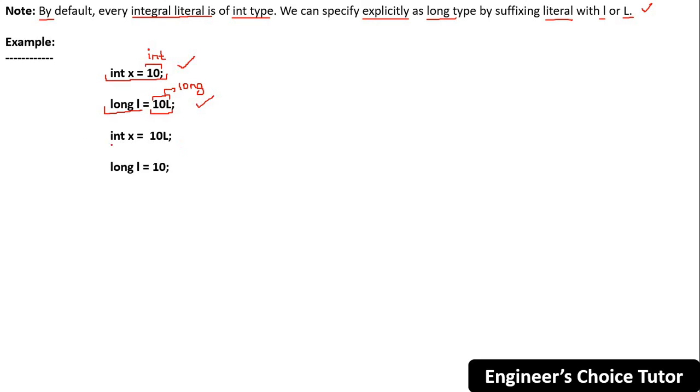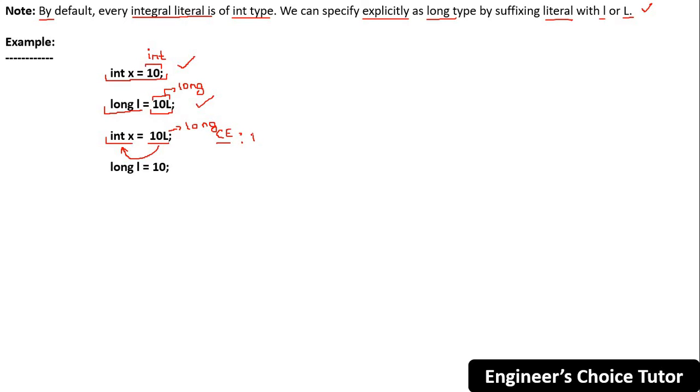Now see here. What are you doing? int x is equal to 10L. It is of which type now? Long type, right? And the long type of value you are trying to assign into an int type variable. Is it going to work, do you think? No, you will get a compile time error. What is that compile time error?